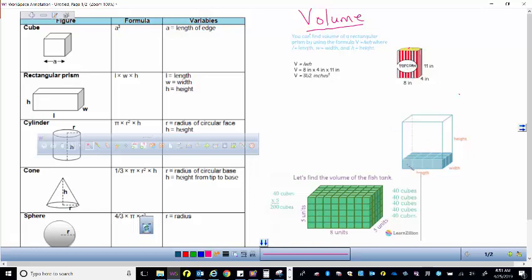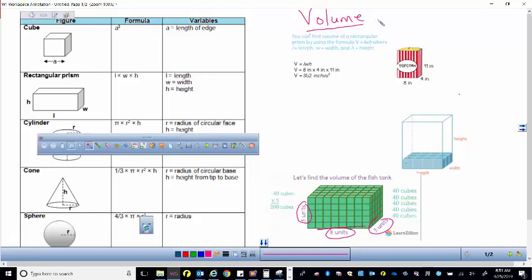And here's some other examples. It's basically saying how many cubes can you get inside something. So this one has 5 cubes for its height and 8 cubes for its length and 5 cubes for its width.